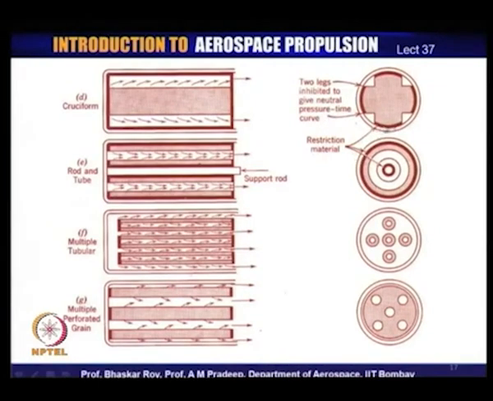So, these are the restricted surfaces, and these are the unrestricted surfaces through which the burning can take place. Now, here you can see in type E, there are restrictions put in the inner circle, and there are restrictions put in the outermost circular shape. The inner one actually has a supporting rod to hold the propellant in place. The propellant is built around a rod, and this surface is not open to burning.